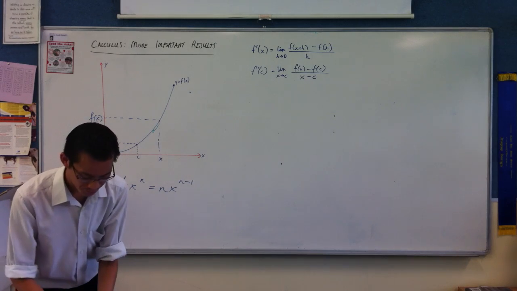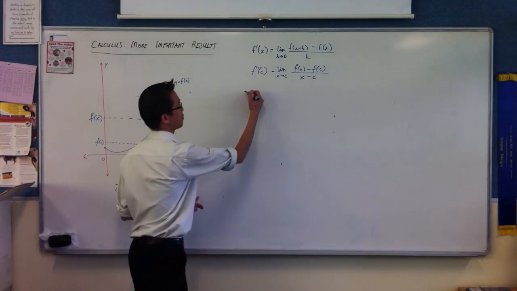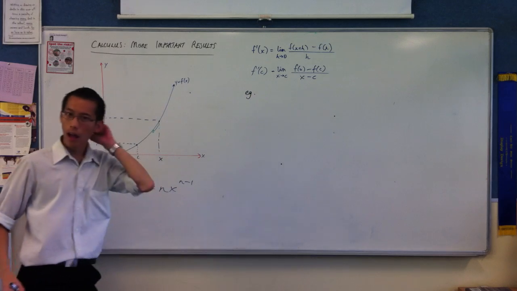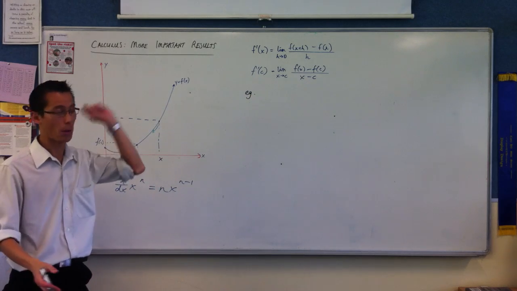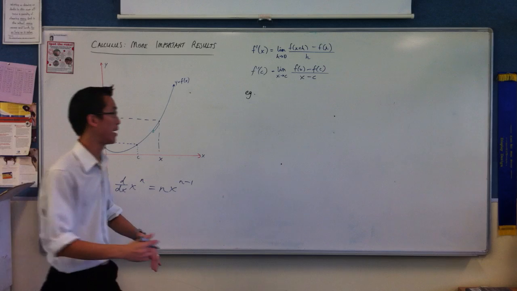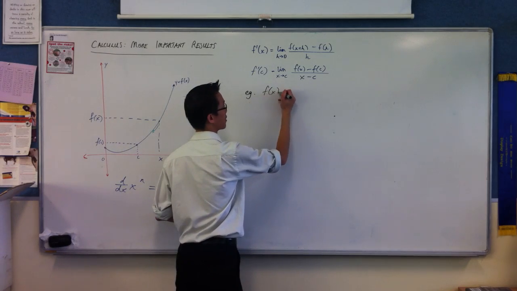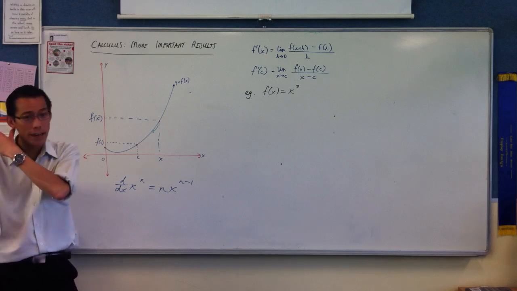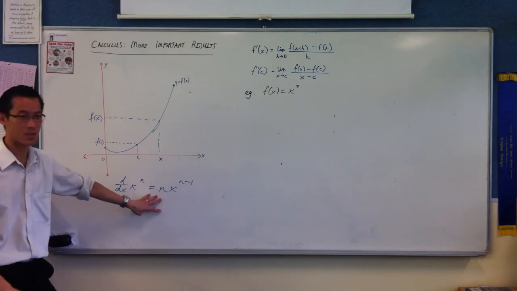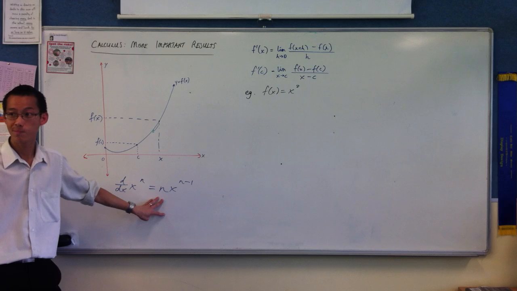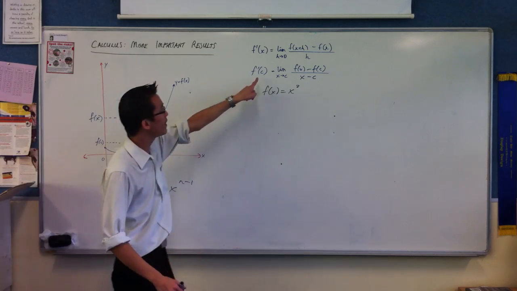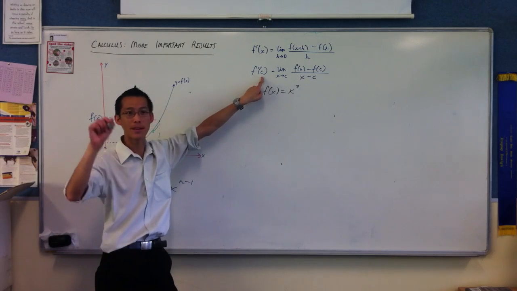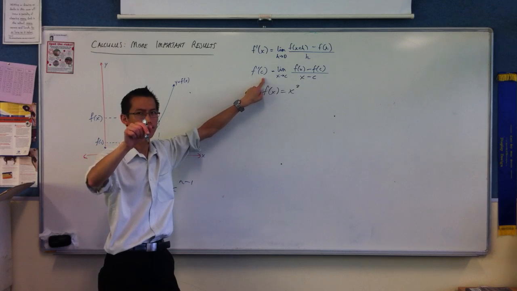So let me give you an example of how this plays out. Let's take one that we actually know, so that when we get the result, it'll be something you expect. Let's take f of x equals x squared. So you already know, just by looking at it, because of this rule, its derivative will be 2x. So if I want its derivative at c, it will be 2c, right?